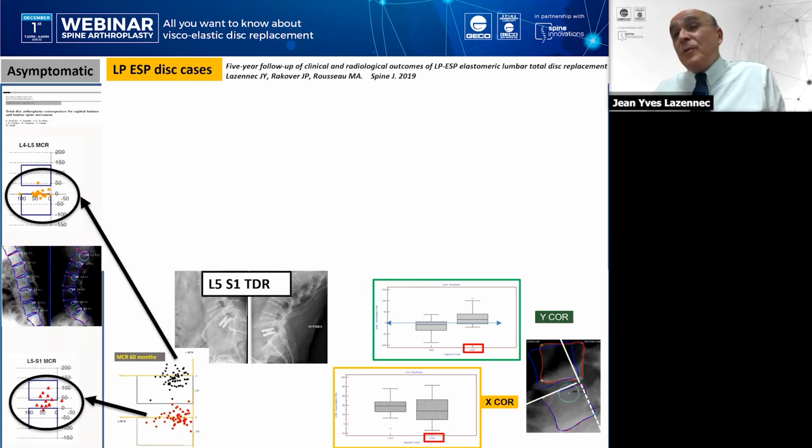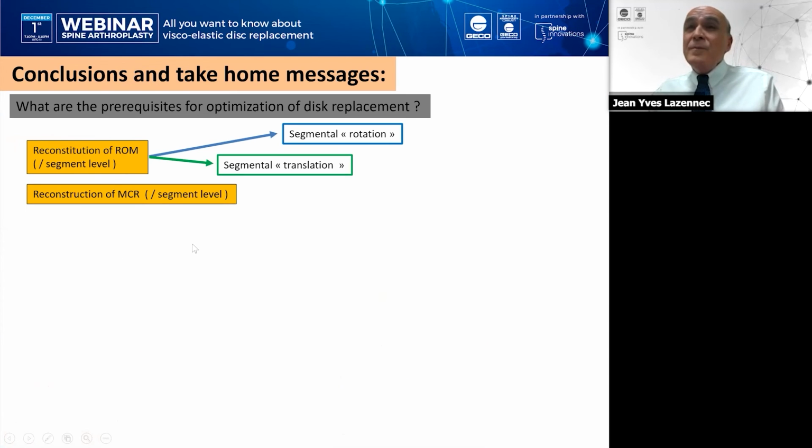Of course, you can say to me, it's a very quick presentation, but now we have the data. We have very precise data proving this. So my humble conclusions are, first, what are the prerequisites for optimization of this replacement? First, the reconstruction of range of motion. Segmental rotation, but the segmental rotation of the patient we operate is not the segmental rotation of a young, sexy, asymptomatic patient.